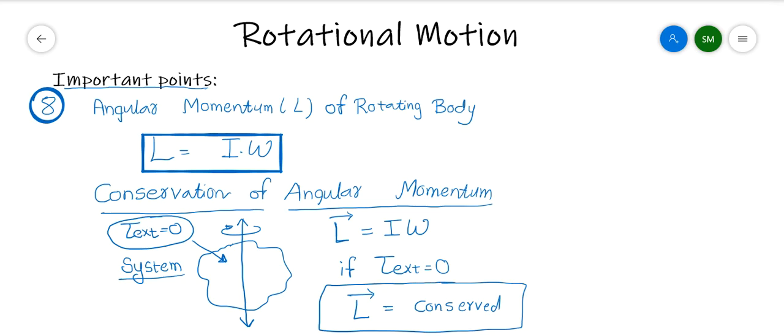This is the law of conservation of angular momentum. Remember, if the external torque acting on a system is 0, its angular momentum also remains conserved.